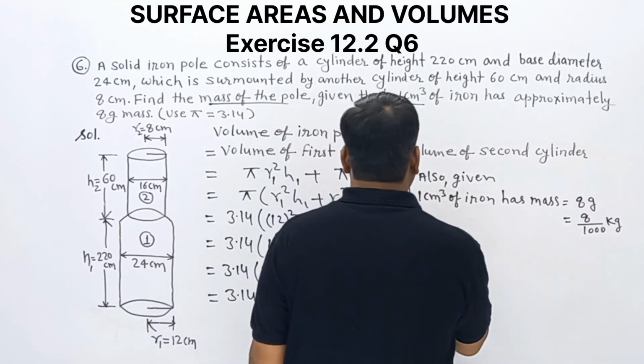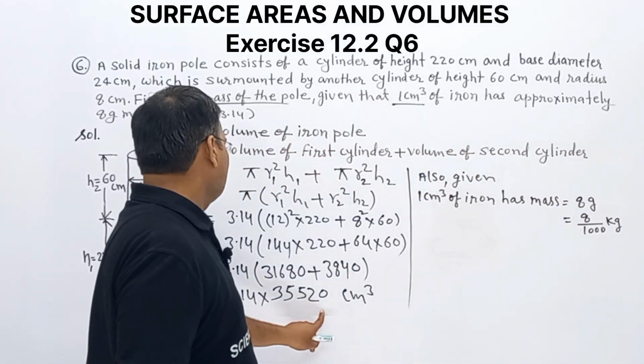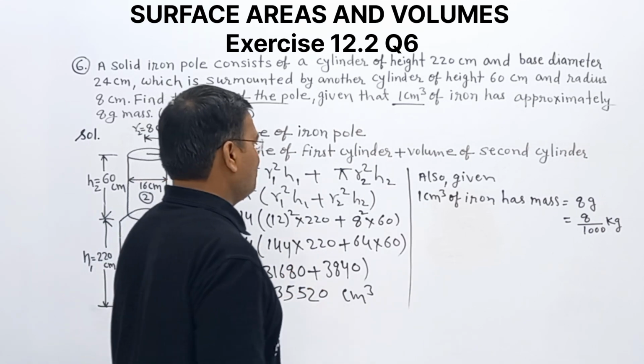Clear? Now we have the total volume of this iron pole.